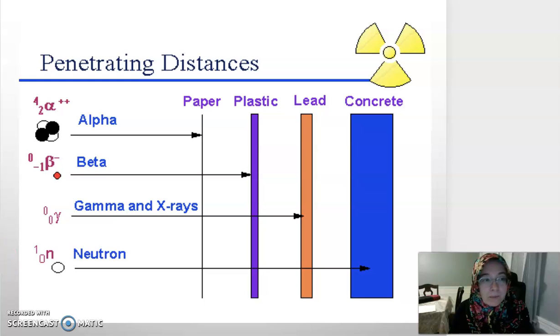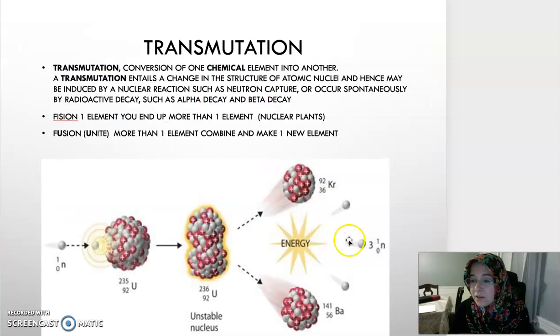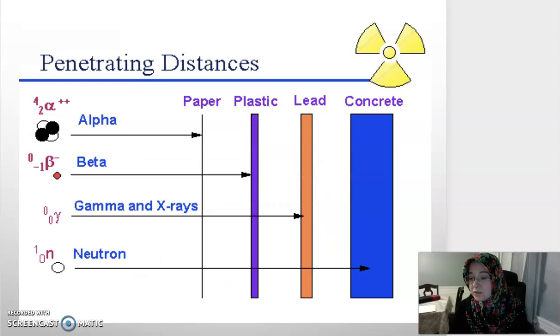Remember the fission reaction I showed you at the transmutation? Look what particles are emitted. Each uranium atom emits 3 neutrons, and that is why they have thick concrete to protect the environment from the radioactive decays.